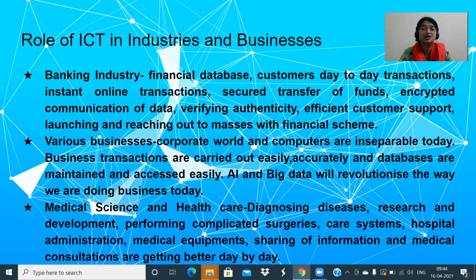It uses the computers, the networks, the technologies, and all the things associated with ICT in order to store the financial database or in order to maintain the database where all the details of customers, the day-to-day transactions, what kind of loans were taken, their demat accounts, their instant online transactions, and their transfer of funds, the details of all those things will be kept.